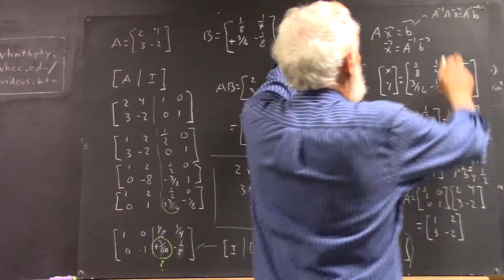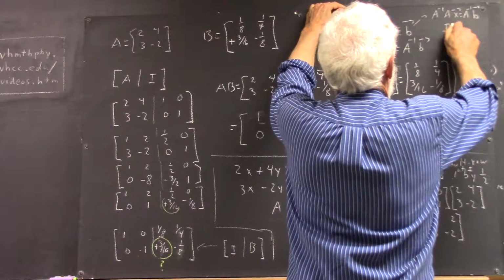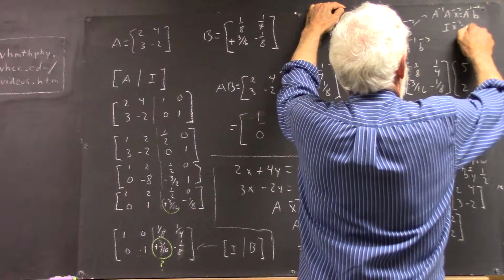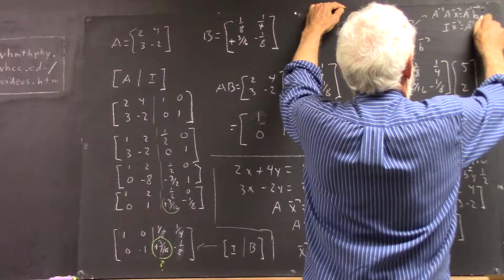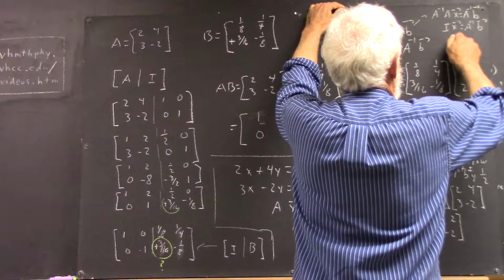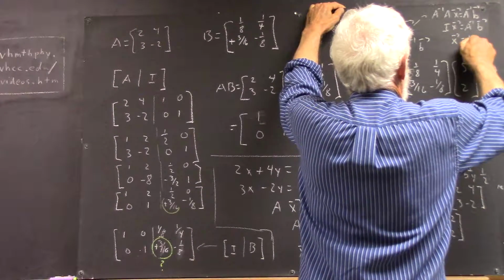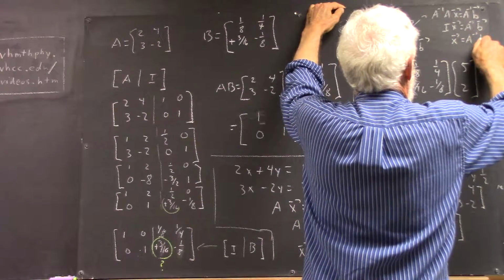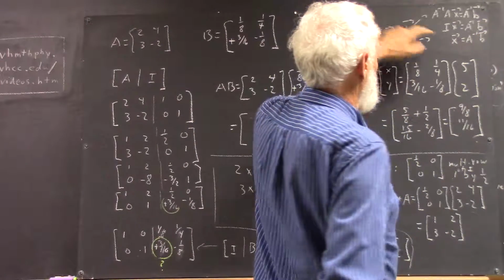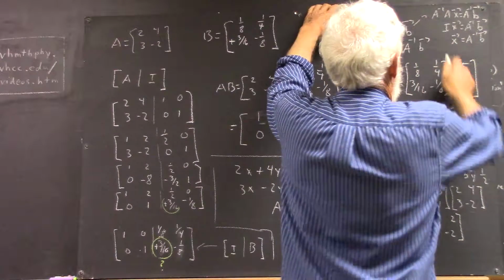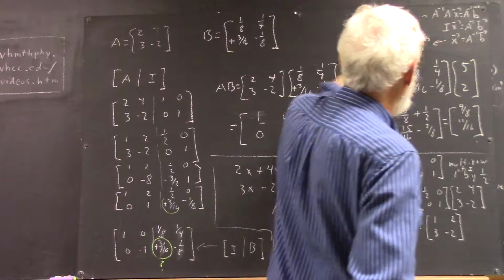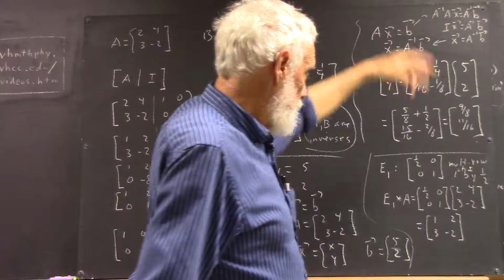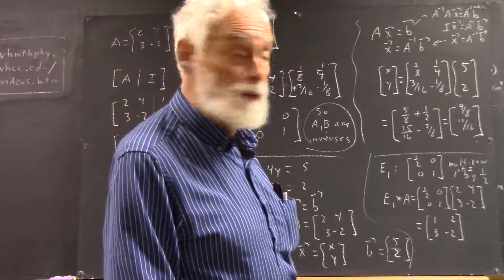A inverse times A is your identity, and the identity times anything leaves that thing unchanged, so X is A inverse B. That is, there are the steps to get from here to here. We've already seen it, but I thought maybe it'd be good to repeat it.